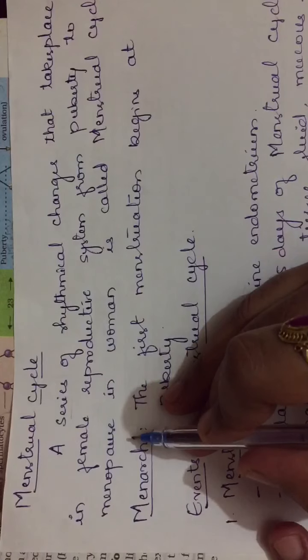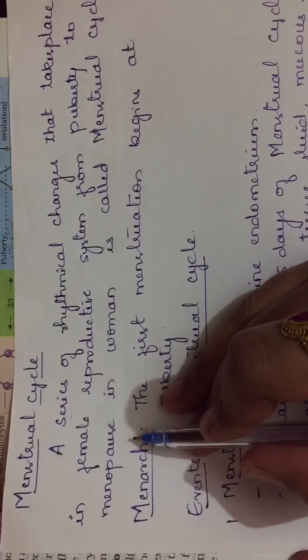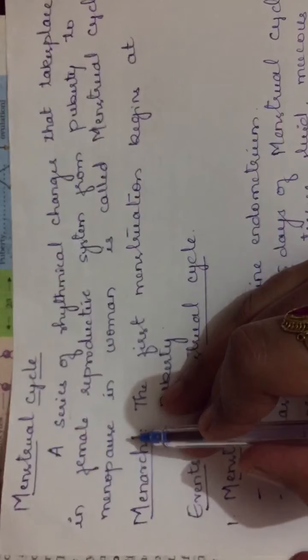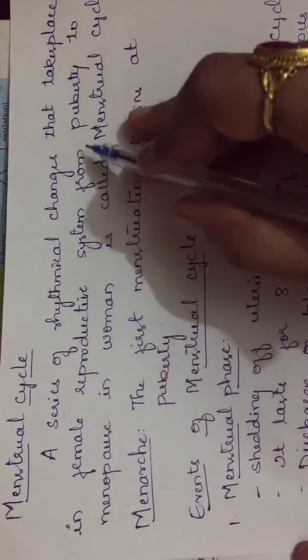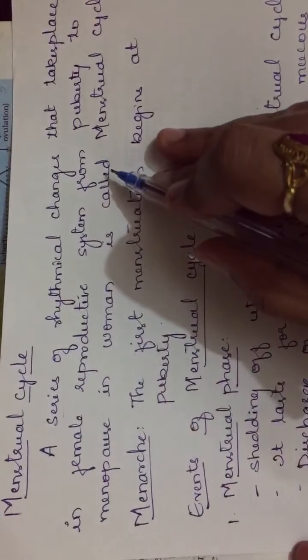Menopause is when the menstrual cycle stops in a woman's life, so we call it menopause. Anyway, its definition I shall discuss later. The changes in the female reproductive system from puberty to menopause in women are called the menstrual cycle.